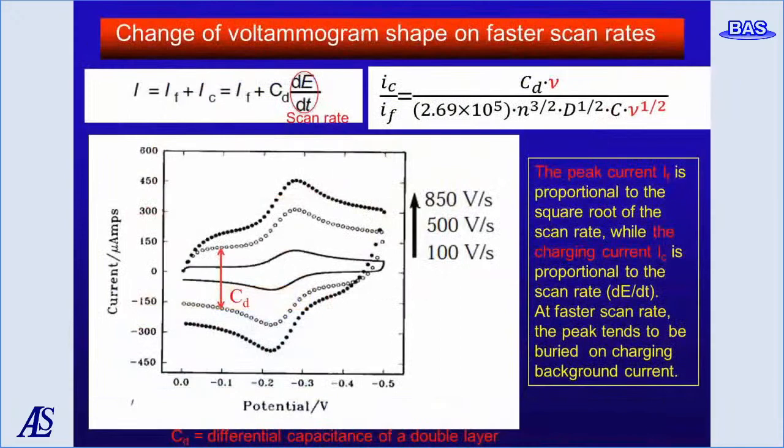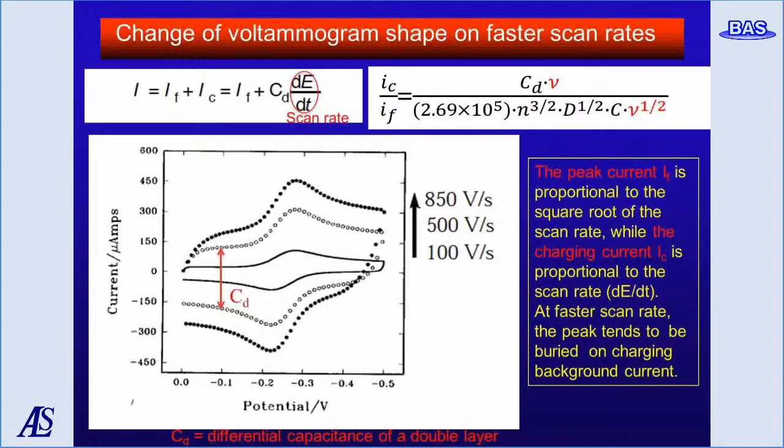When measuring cyclic voltammetry, a charging current always flows during the potential scanning because the potential is continuously changing. The Faradaic peak current is proportional to the square root of the scan rate.